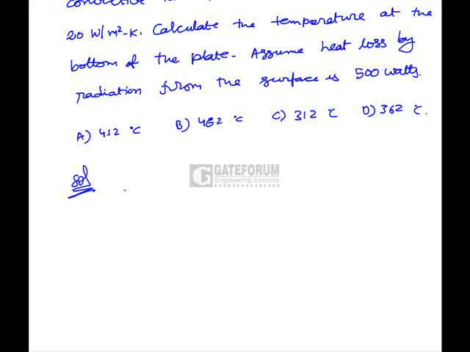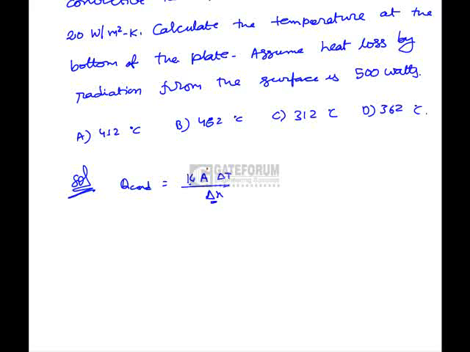For that purpose, first we will have to find out the conductive heat transfer through the plate. The conductive heat transfer through the plate is given by K A delta T by del X, where del X is the thickness of the plate, delta T is the temperature difference between the top surface and bottom surface of the plate, K is the thermal conductivity and A is the surface area of the plate.